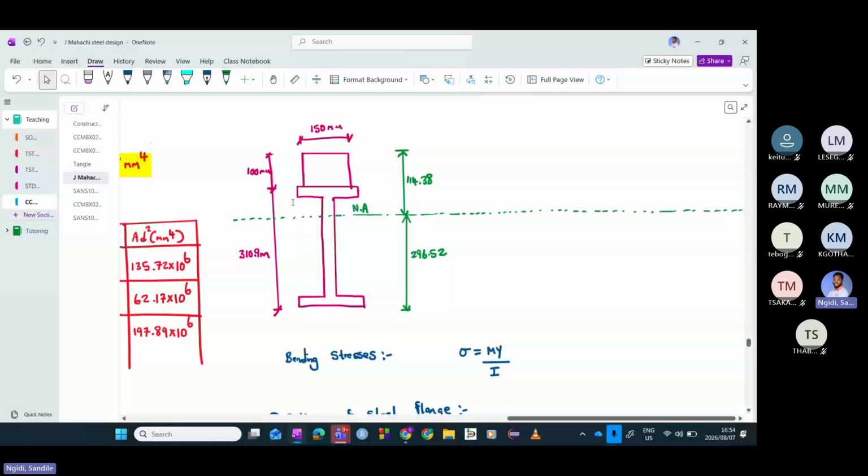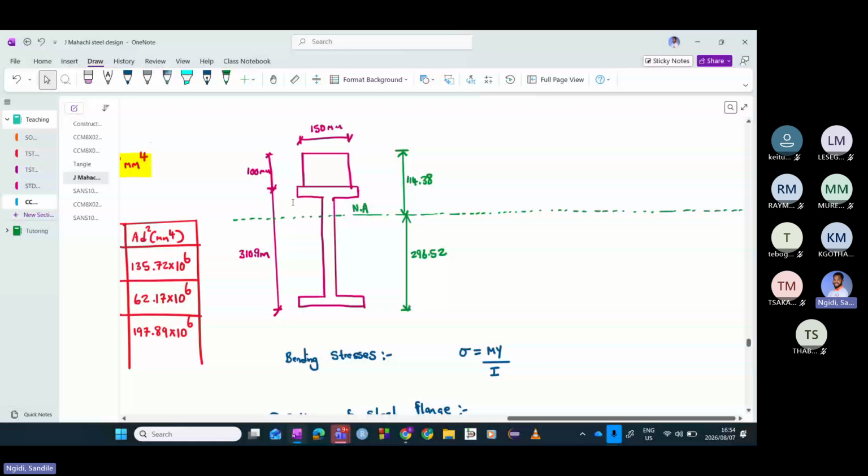Then we can go to concrete now. So let's call this number 3. We can calculate the bending stress at the bottom of the concrete slab. Let's call this one sigma number 3.